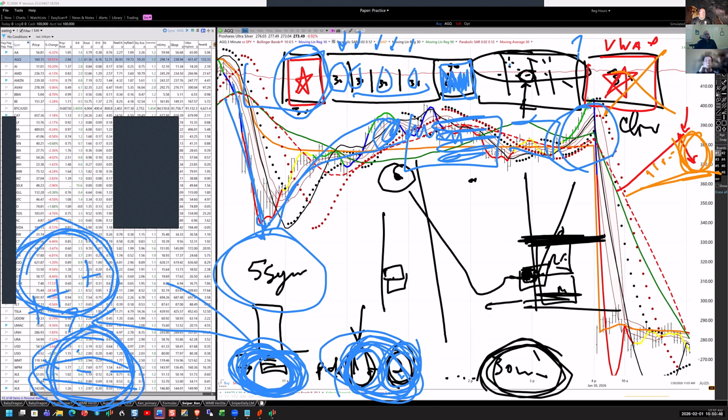What's the most outrageous move yesterday? Well, I can take the range divided by the range stat. That's what this column does.